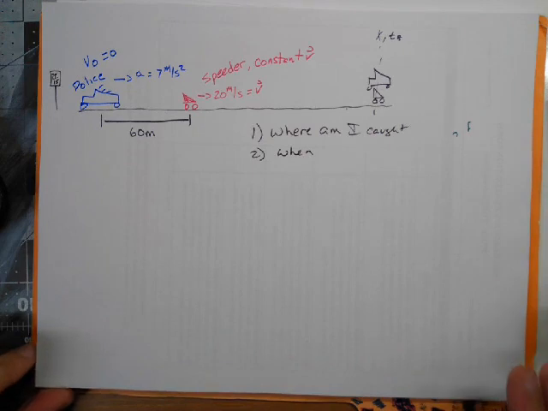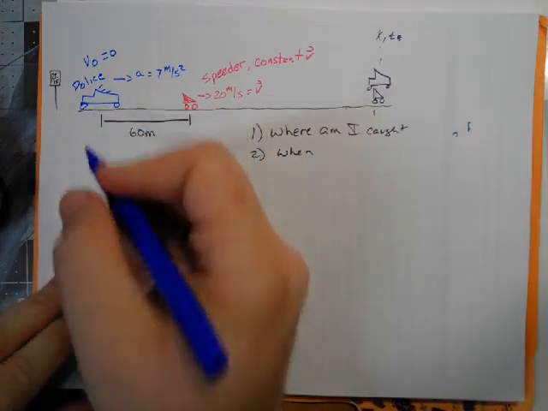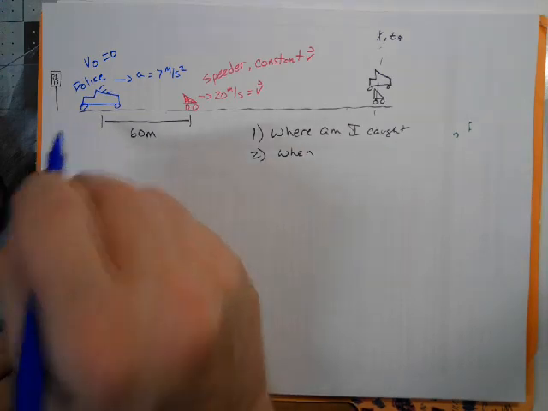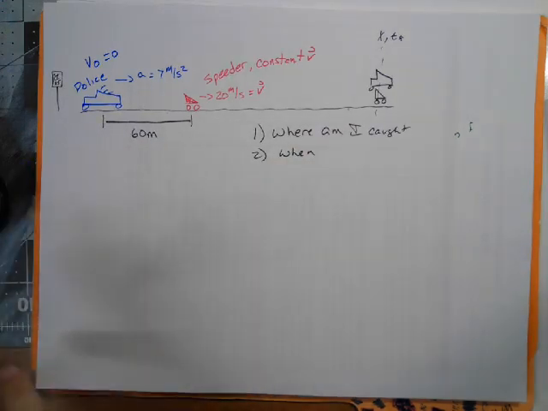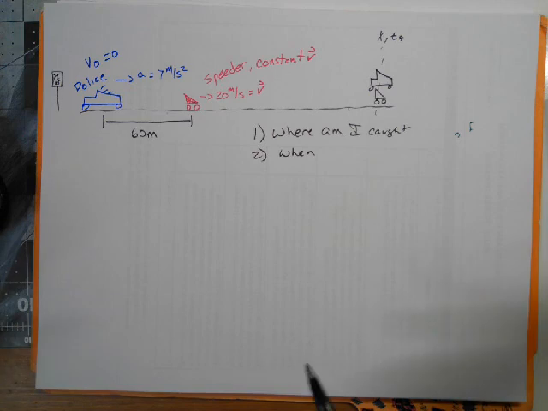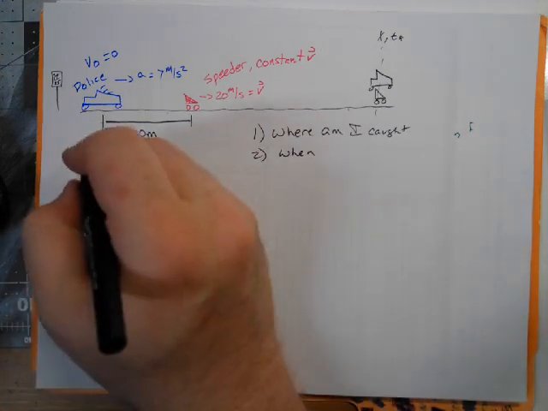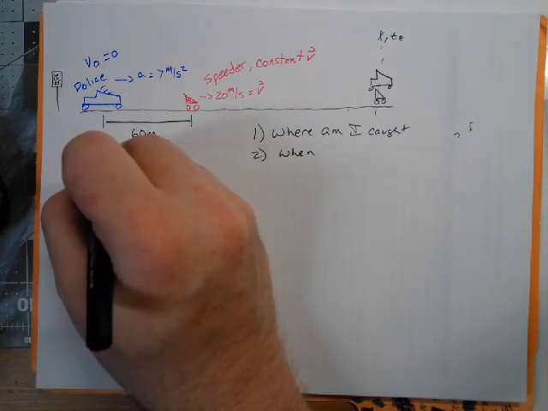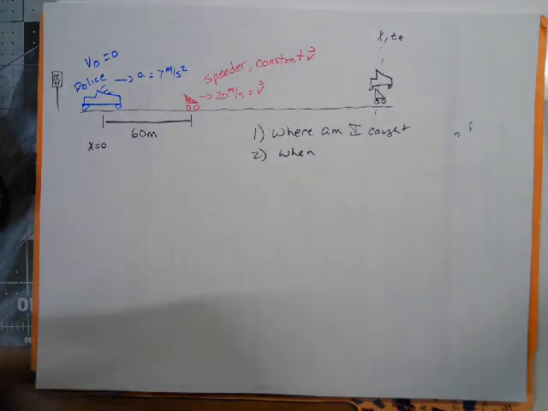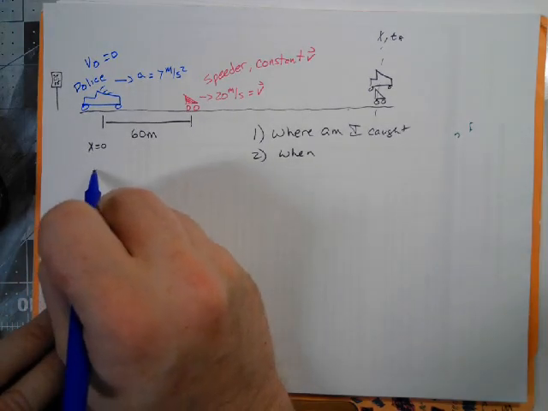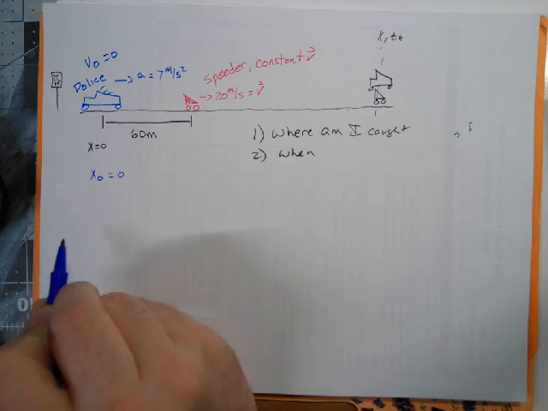So if we organize our information, and I'm going to do it by color, here's the cop's information. As an example, you can put your 0 anywhere. I'm going to put it here. X is 0. So he has X initial is 0.